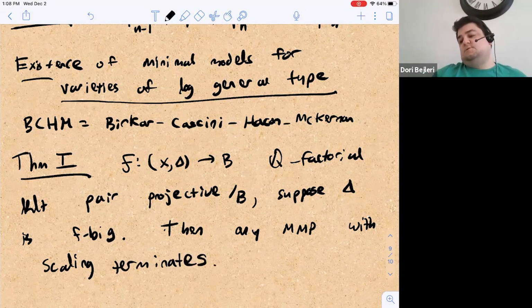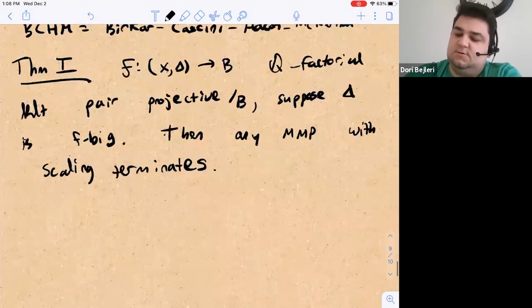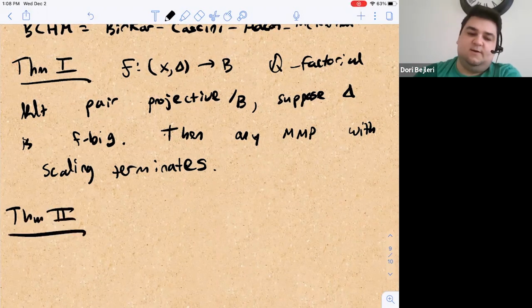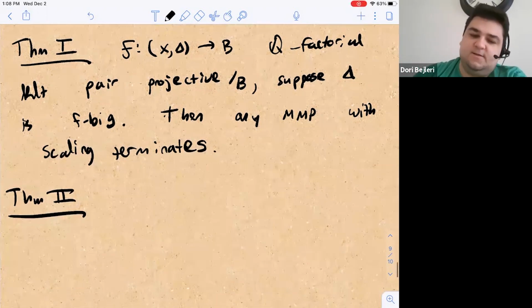Okay, so amazing theorem. We still don't know that arbitrary MMPs terminate, but essentially this is all you need for the most important applications. By the way, my numbering is not the numbering from their paper. I'm just writing it in the order that I'm presenting.